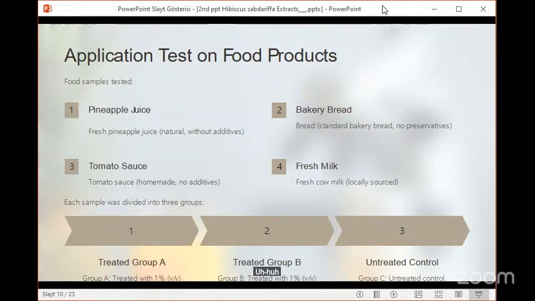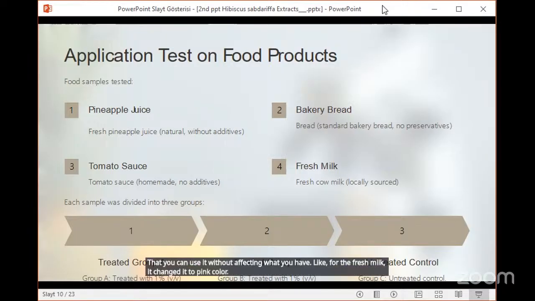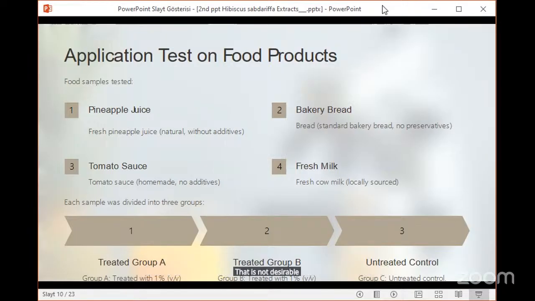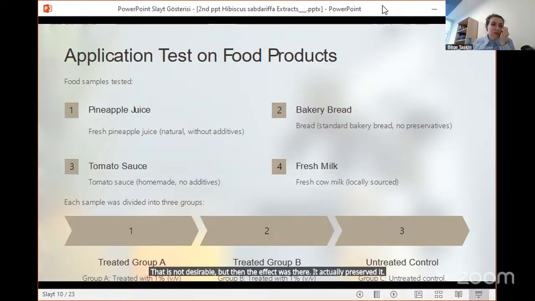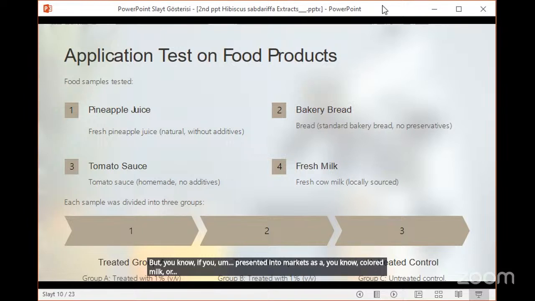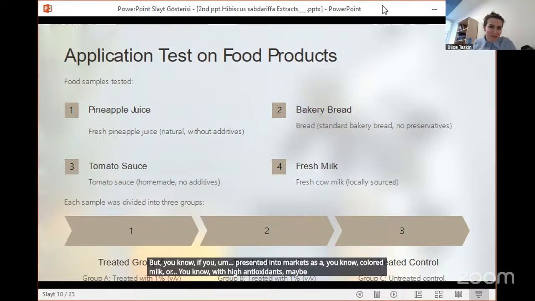For the fresh milk, it changed to a pink color. That is not desirable, but the effect was there. It actually preserved it. But if you present it on the market as a colored milk or milk with high antioxidants, maybe it may find a good place.